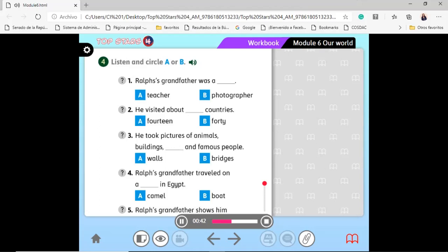Well, every country was beautiful, but I really liked Egypt. Egypt? Did you take pictures of the pyramids? Yes, I did. I also took a boat ride on the Nile River. It was exciting. Were there camels in Egypt? Yes, there were, but I didn't ride any. Do you have a favorite picture, Grandpa? I sure do. I have it here. Look.